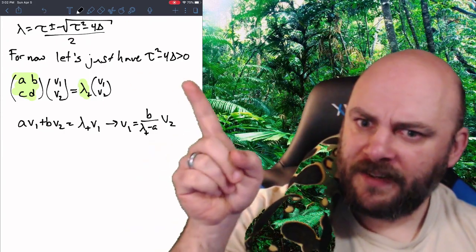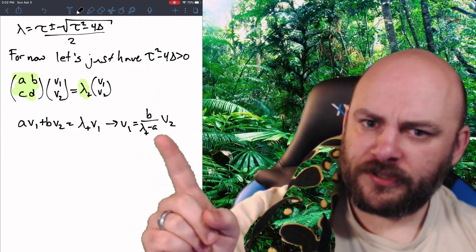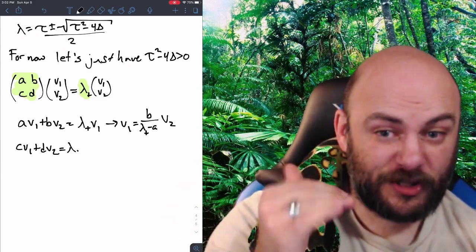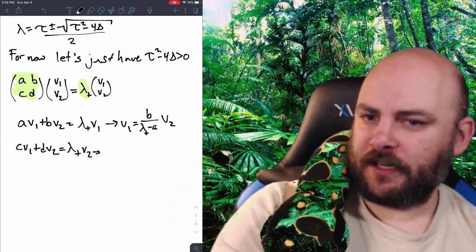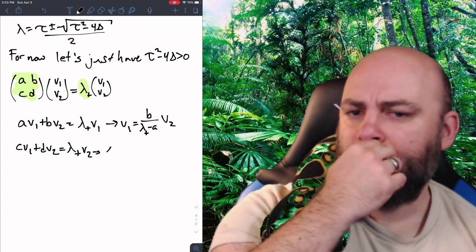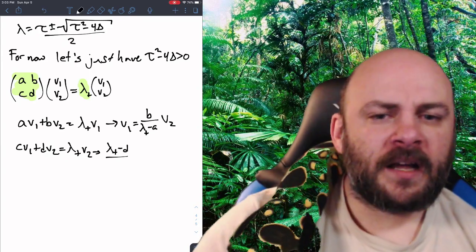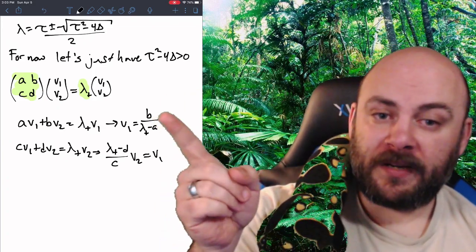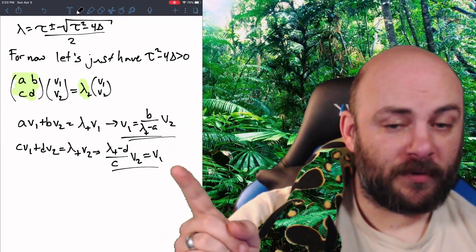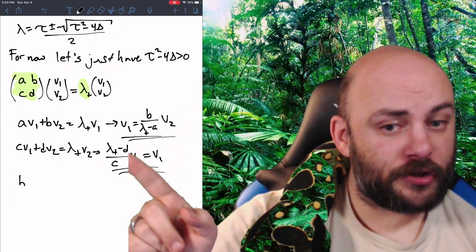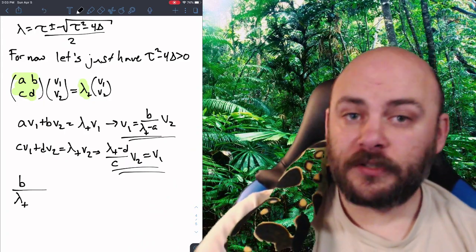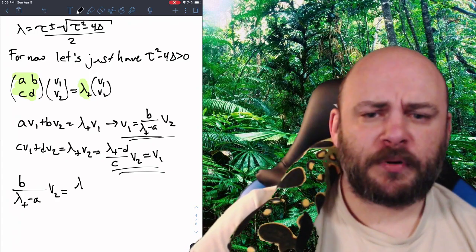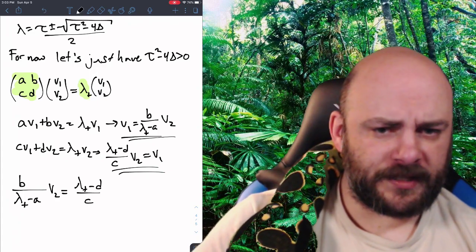Let's look at it. I take the very first equation, and I'm going to solve it for V1. It's going to equal B divided by (lambda plus minus A) times V2. Let's do the same to the second equation. We're going to get (lambda plus minus D) divided by C, times V2, equals V1. Now, if V1 equals this, and that equals V1, then this should equal that. So B divided by (lambda plus minus A), V2, is supposed to be equal to (lambda plus minus D) over C, V2.